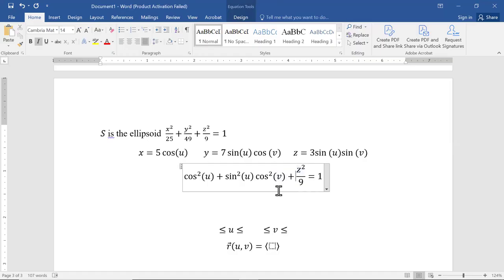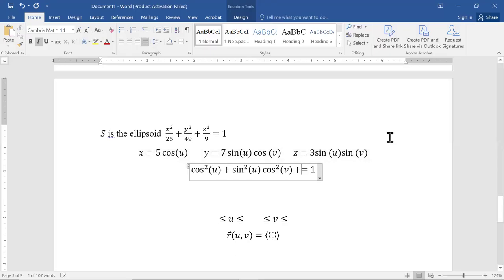And in a similar way, when I plug in 3 sine u sine v into my z, I'm going to get 1 times sine squared of u multiplied times sine squared of v.